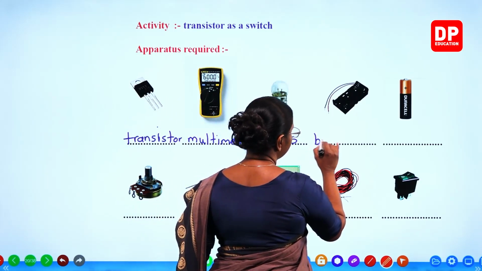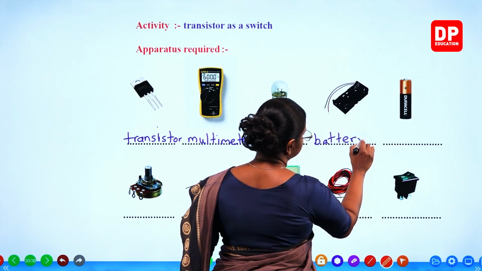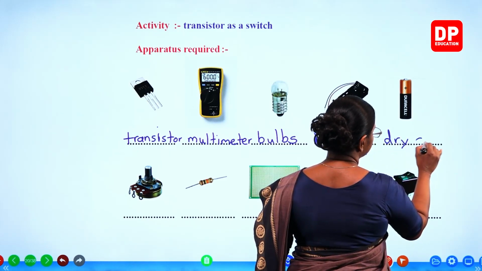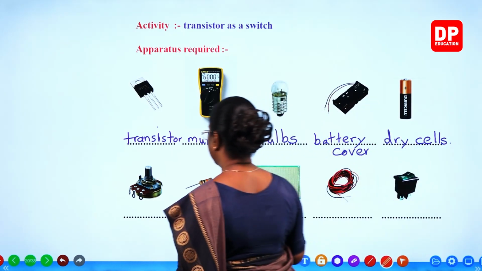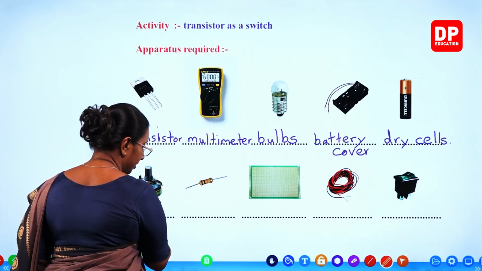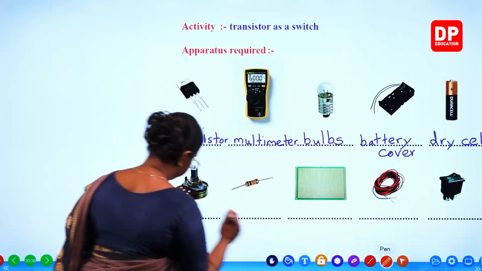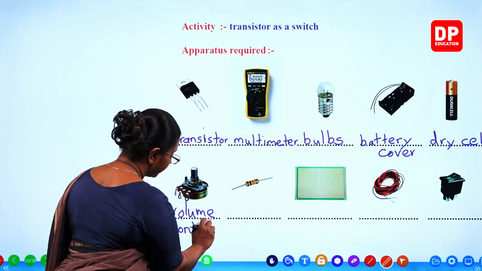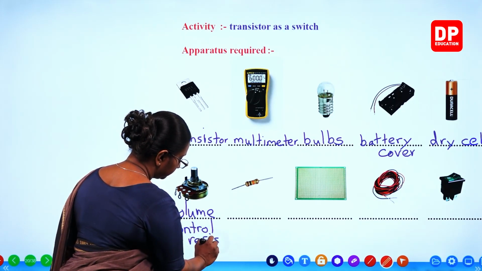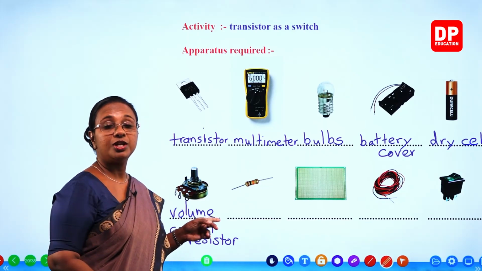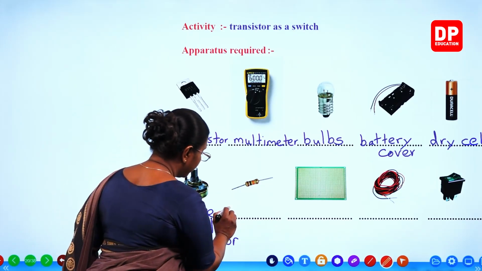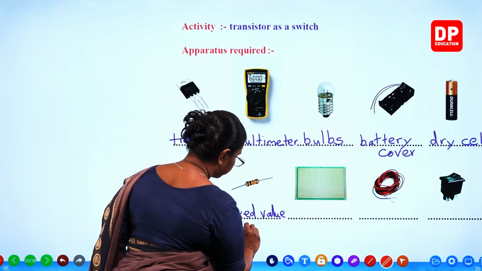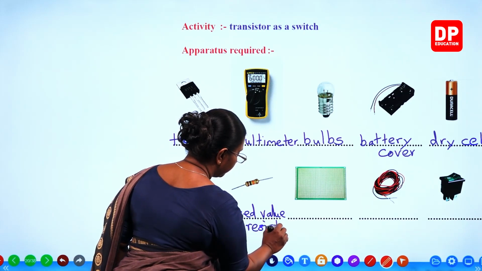Then we need a battery cover. Into the battery cover we will be putting the dry cells. Then we need the volume controller, volume controller or volume control resistor. Volume controller, you know, is a variable resistor. Then we need the fixed value resistor.